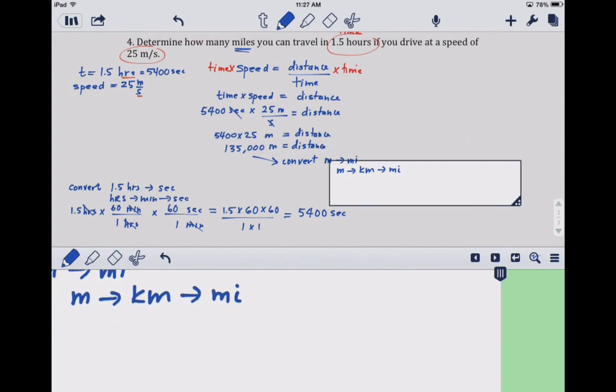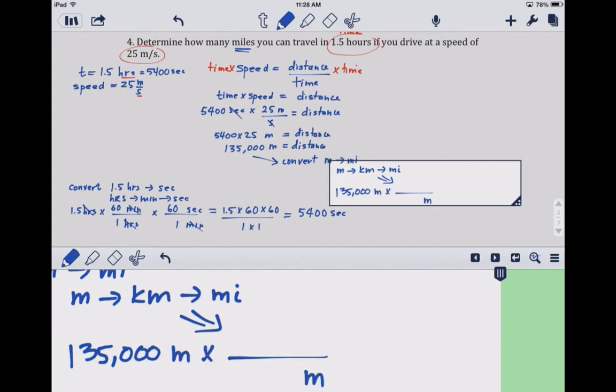We'll do this over here. Start quantity is 135,000 meters times, I'm going to put meters in the denominator, kilometers in the numerator, and then I'm going to put kilometers in the denominator and miles in the numerator.